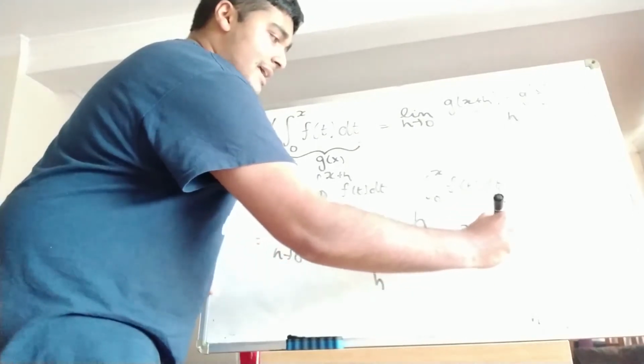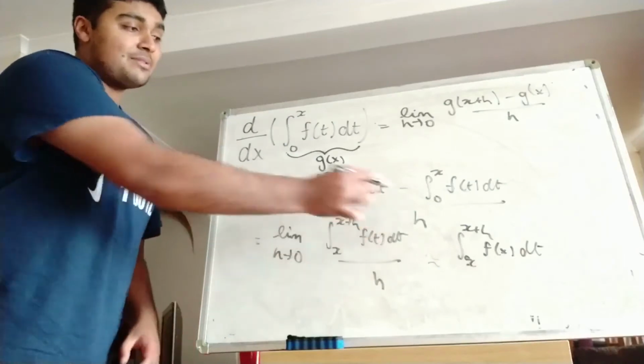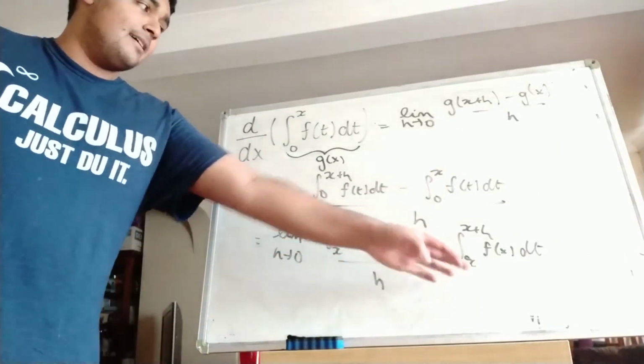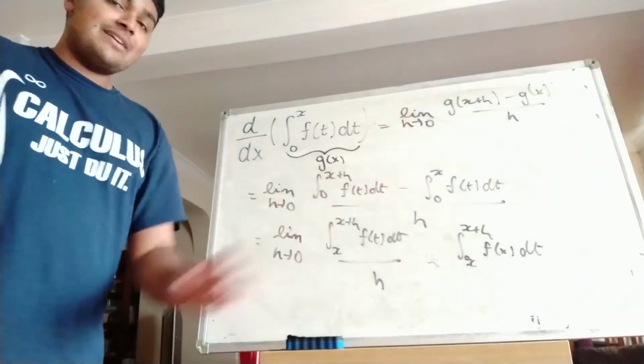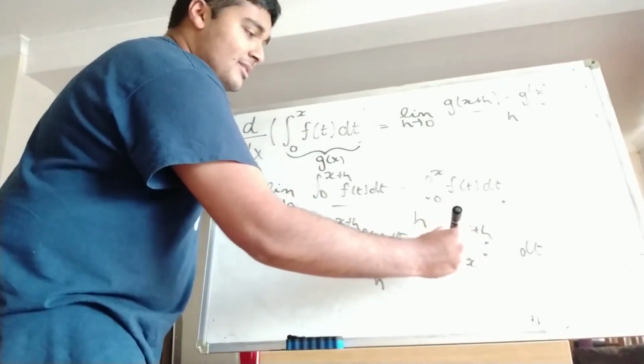So if I just swap the f of t now to an f of x, and now f of x is a constant. x is a constant in this case, even though we are taking the derivative with respect to it. With respect to h and t, f of x is a constant, and in particular with respect to t, so we can bring it out of the integral, like so. I forgot to put the h in the denominator.